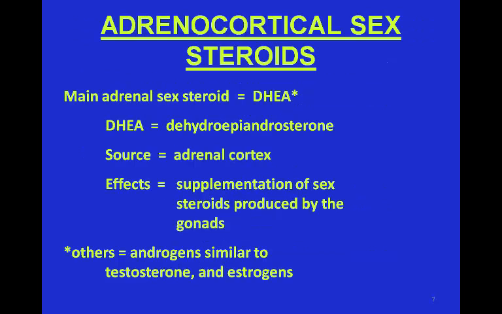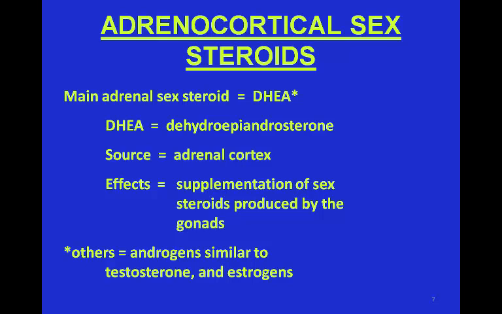There's another type of steroid from the adrenal cortex that I haven't mentioned. These are the sex steroids. Now, obviously, the gonads, the ovaries, and the testes are the main sources of sex hormones or sex steroids. However, a secondary source would be the adrenal cortex.